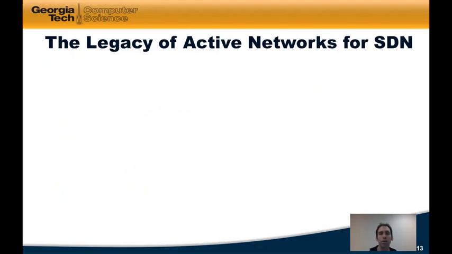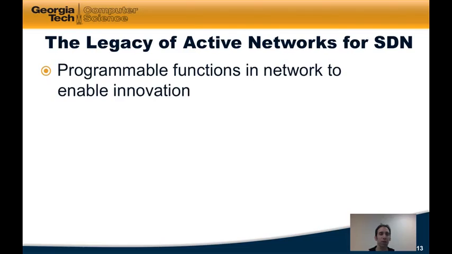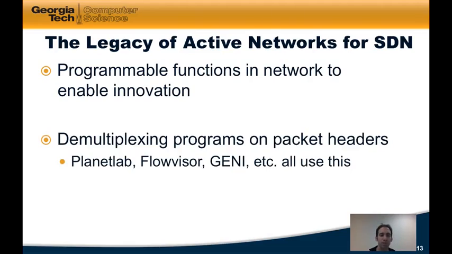So let's just think about the legacy of active networks for SDN for just a minute. What lessons can we take away from active networks? Well, the first was the idea of providing programmable functions in the network to enable innovation. That problem statement, or that motivation, is almost identical to the SDN motivation, and it has roots in active networks.